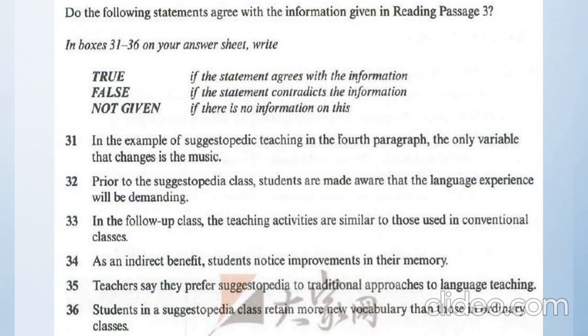Okay, so here is the example. As you see here, we have 6 statements, and you need to write true, false, or not given. In the practice material, you're going to have the practice test for true, false, not given.